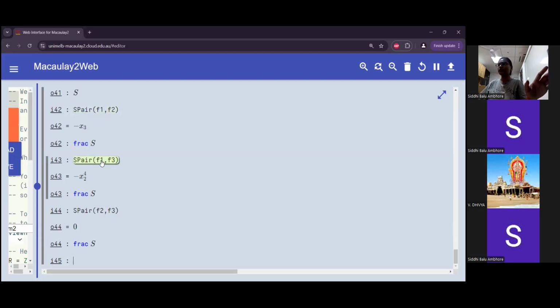F1 is checked with F2, F1 is checked with F3, F2 is checked with F3, and the others are just minus of what we have here. So again, you can see that it is a fraction of this. Okay, but that's not a problem in our case. So this is the S pair which we got, and we will for now stop.